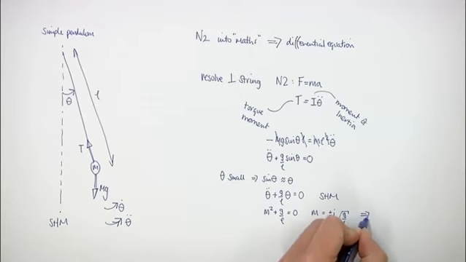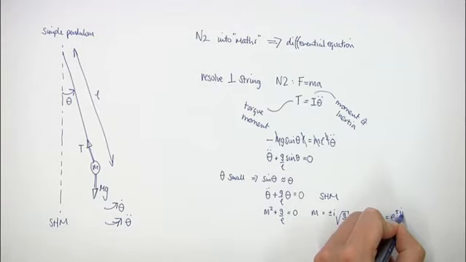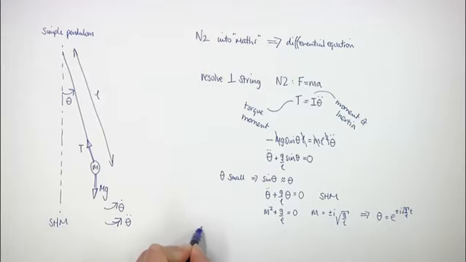And that tells us that theta is of the form e to the plus or minus i root g over L times t, which seems a strange solution until we remember, or we're told, that e to the ix is equal to cos x plus i sine x.